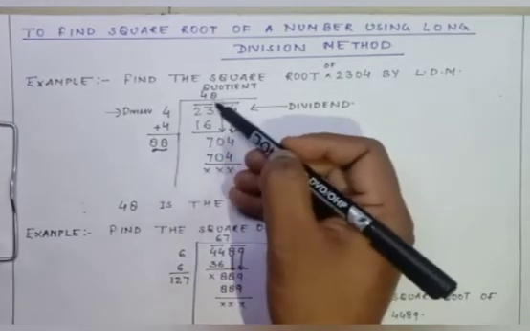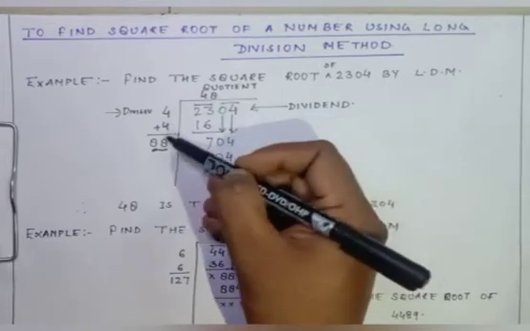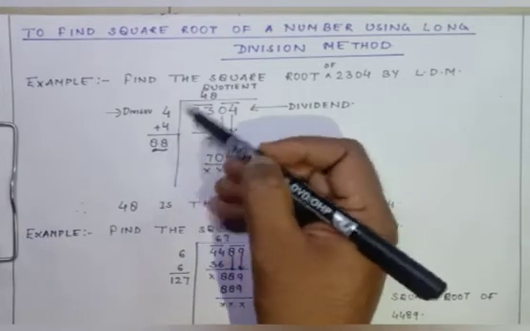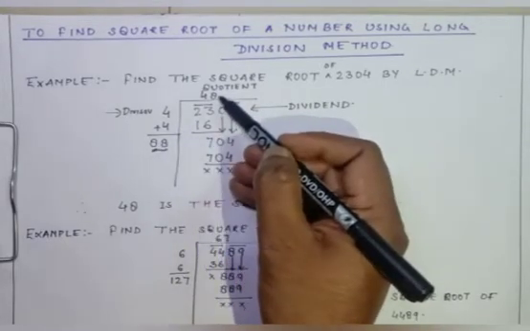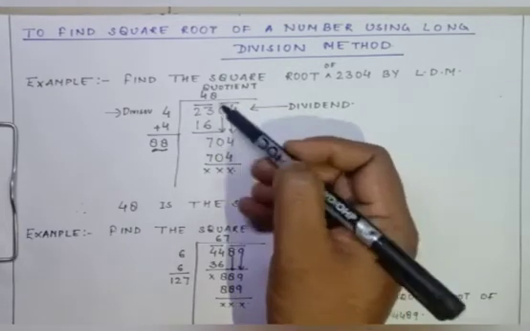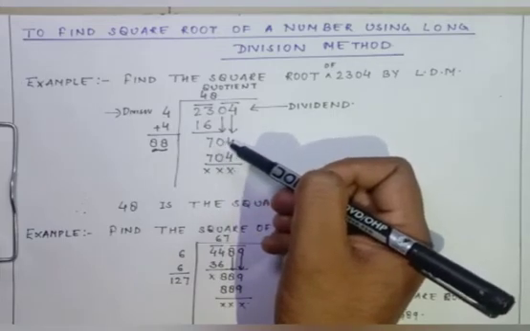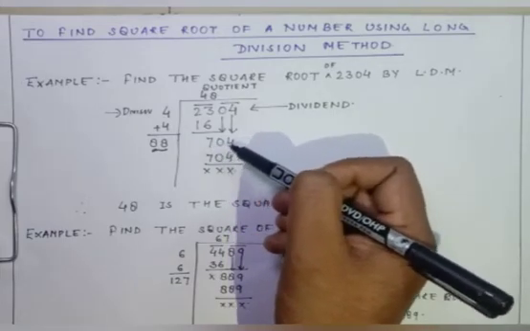With the same number I am going to take it over here also. And when I multiply these two numbers by this number, either the product comes equal to 704 or it comes less than 704. It should not come greater than this number.